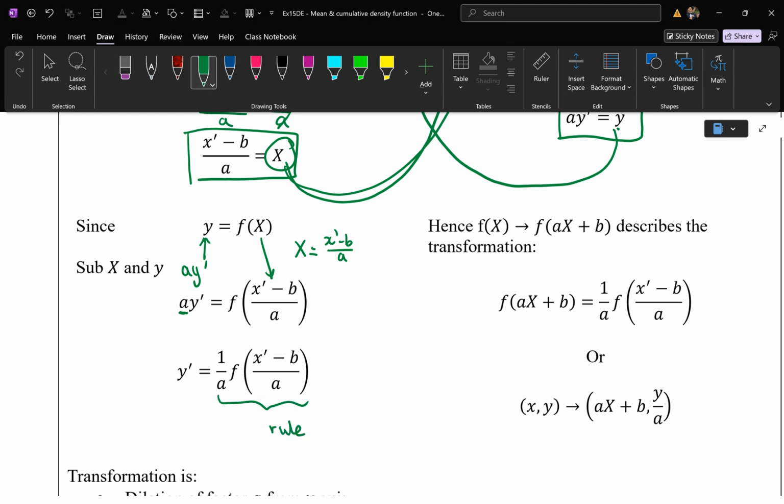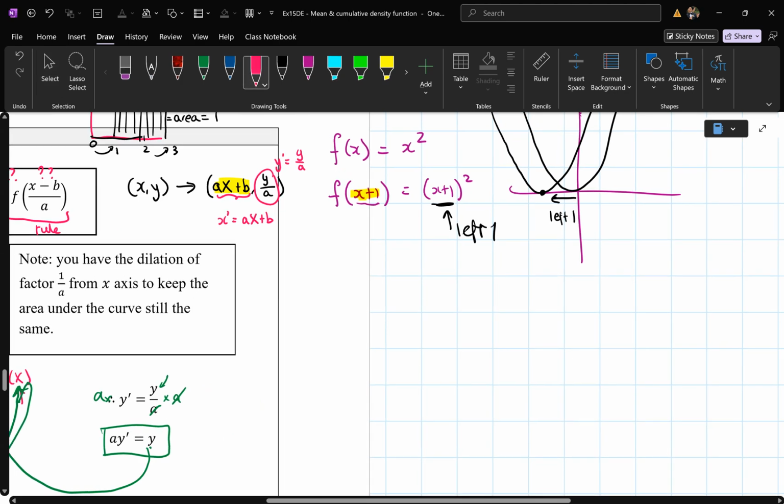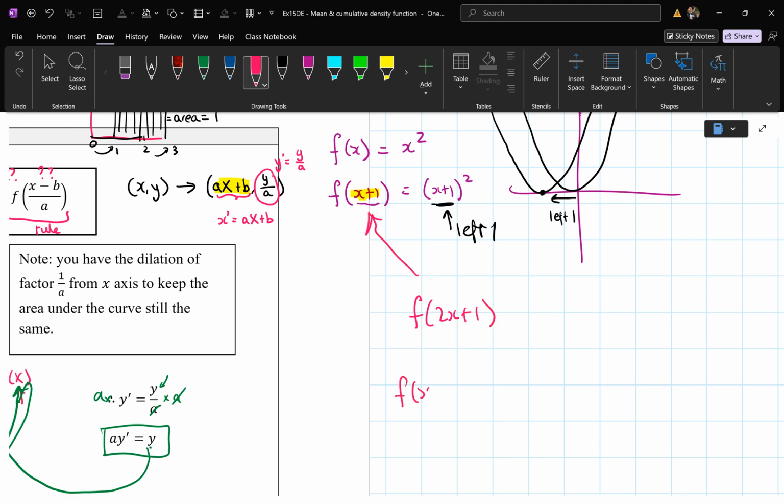So this is the rule. This is the rule that we want for what type of transformation? For this transformation, the ax plus b and then y on a. That right here, this is what this means. Okay, don't confuse it with what I was trying to say before. Don't confuse that when we say f of 2x plus 1, we're not doing this. We're not saying f of x plus 1.